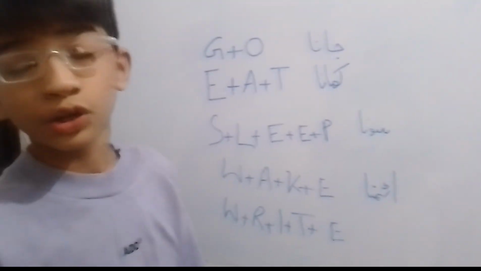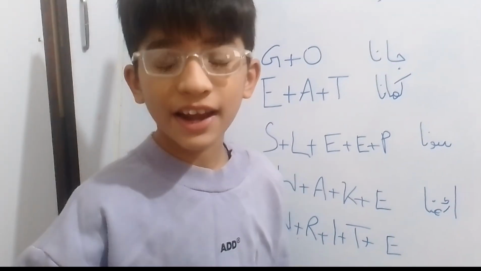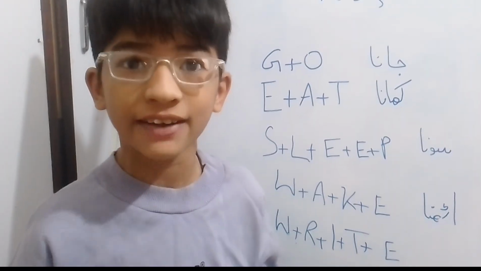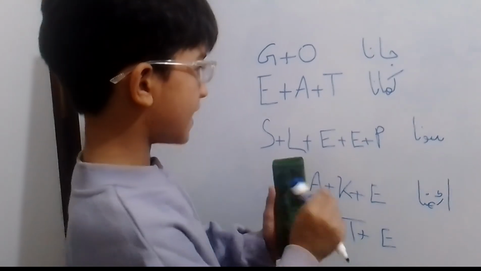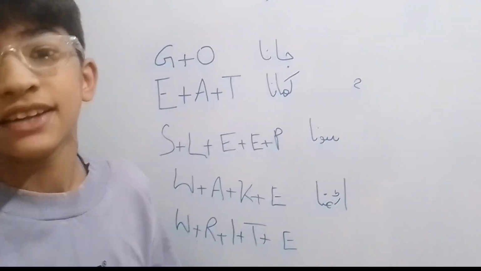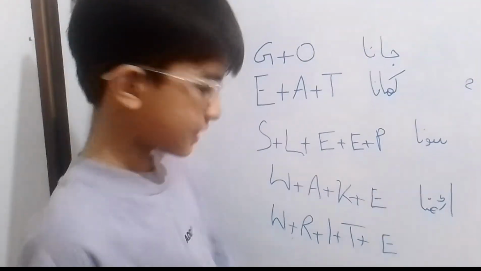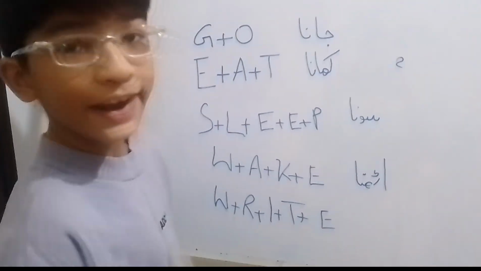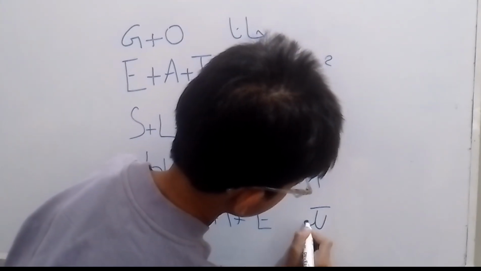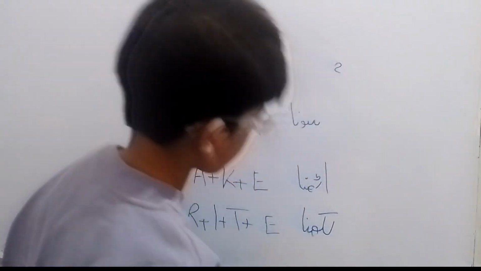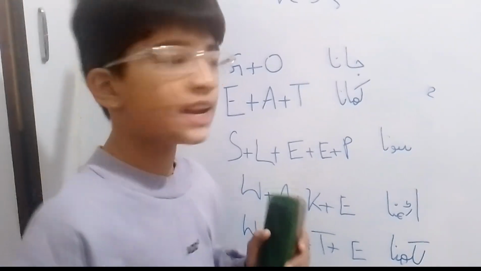Dear kids, there are two types of right. One is the left and right, and one is the right when we write something like this. And there is one more right that is also known as correct. Right means likhna.